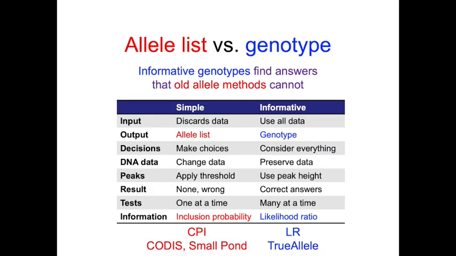The problem is basically the difference between looking at allele peaks in data, at the surface features, versus forming an informative genotype using Bayesian computing that tries out tens of thousands of different explanations of the data. The old failed allele-list method doesn't get answers most of the time, whereas informative genotypes done by modern statistical computing do get answers.